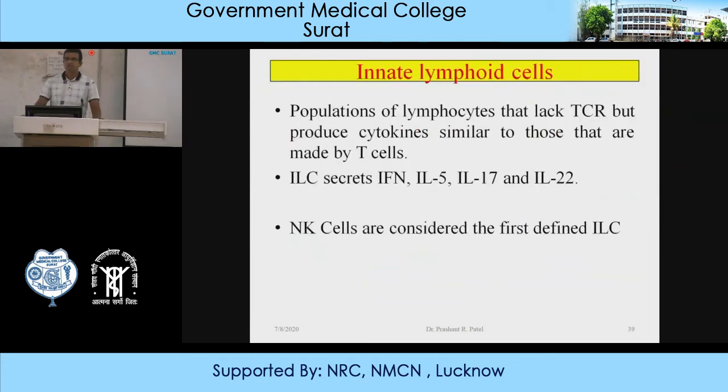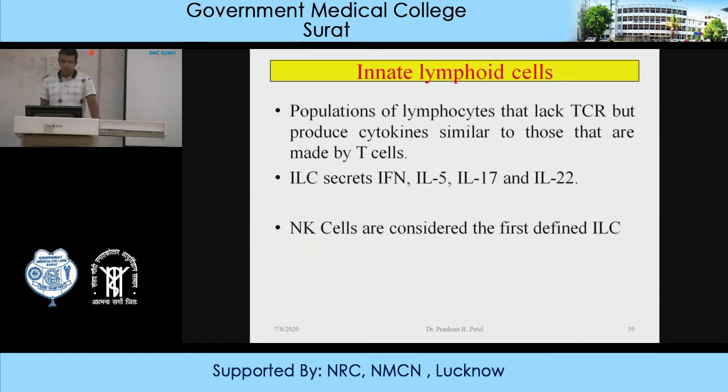Then innate lymphoid cells. There is some population of lymphocytes that lack T cell receptor but produce cytokines similar to those that are made by T cells. The innate lymphoid cells secrete interferon, interleukin 5, interleukin 17 and interleukin 22. The NK cell is also considered as first line of defense innate lymphoid cell.